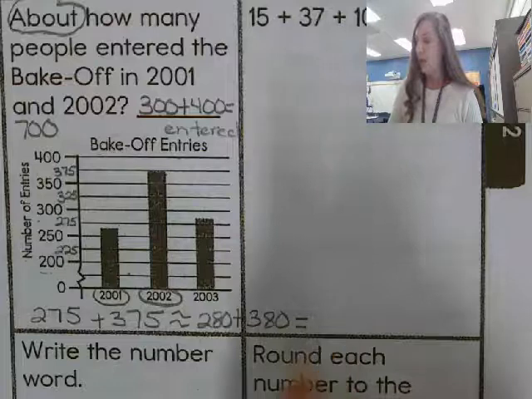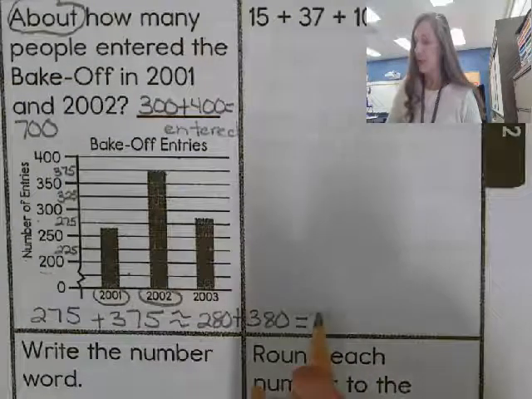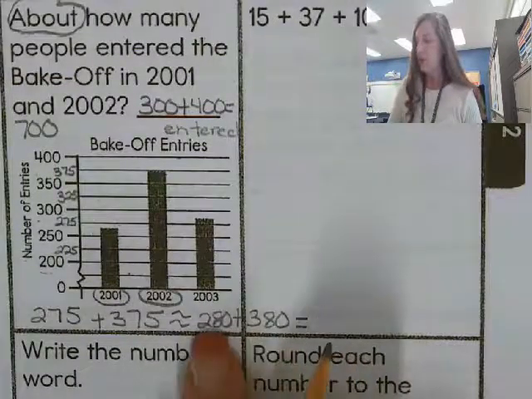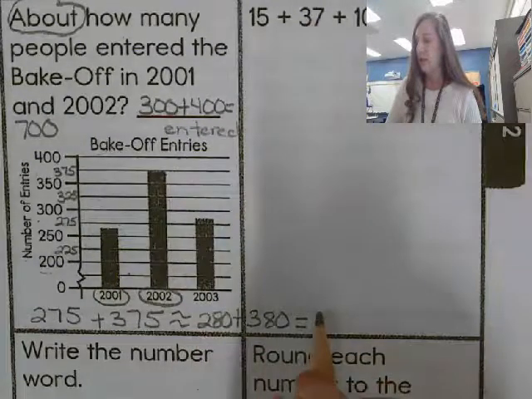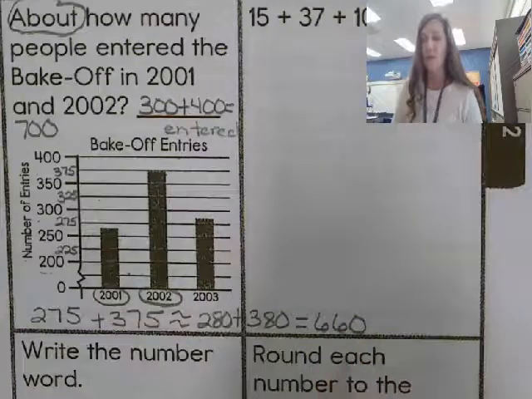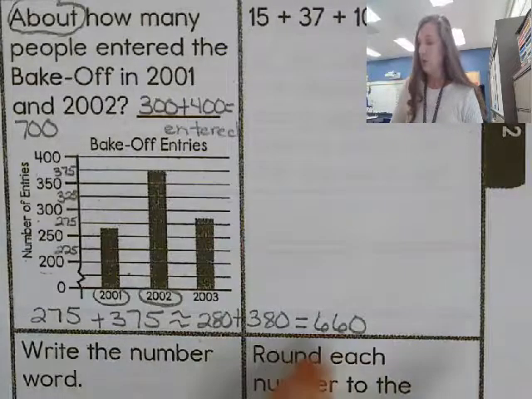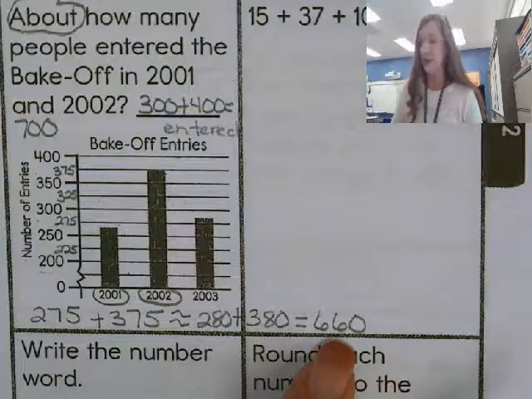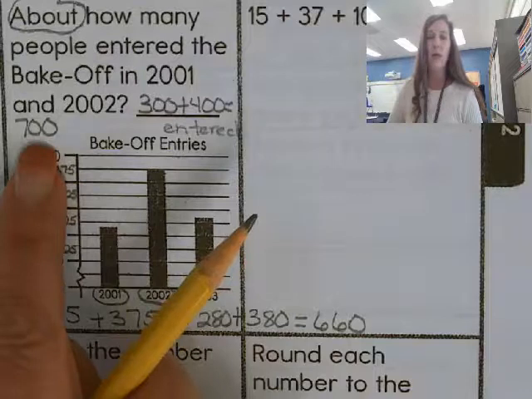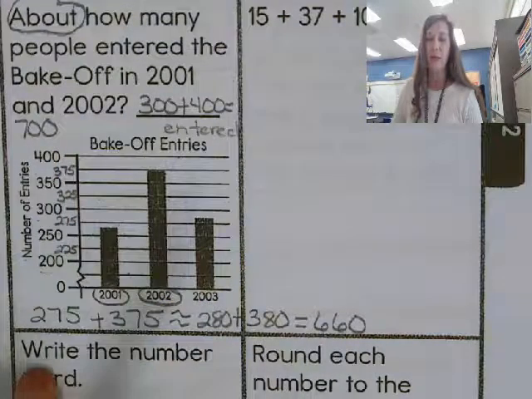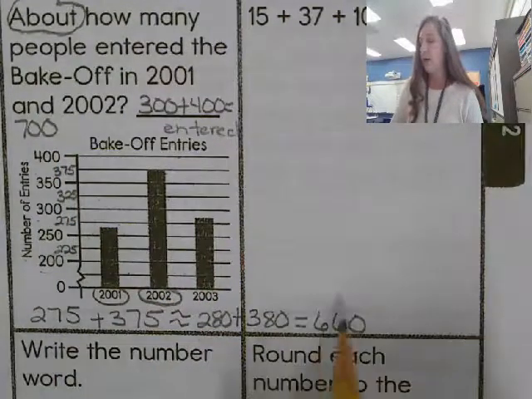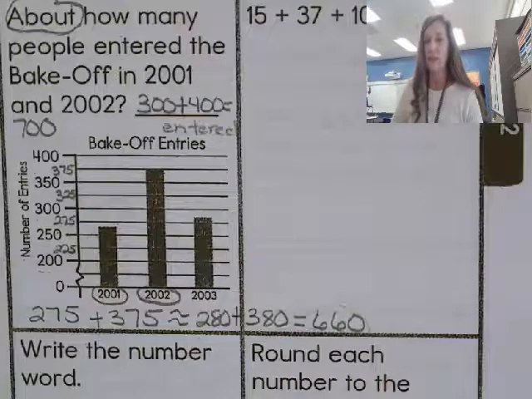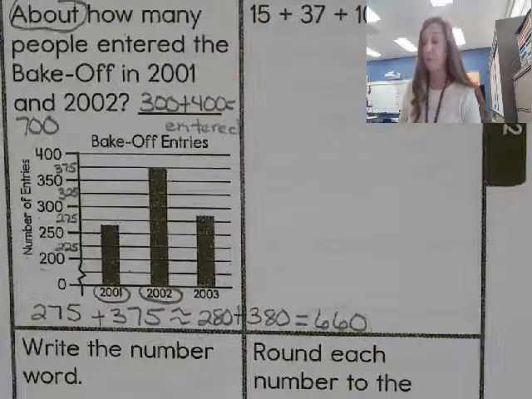And 80 plus 80 is 160, and 300 plus 200 is 500. So 500 plus 160 would give us 660, which is still close to 700 if we were going to round. However, we know that when we add the exact amounts, we're going to come up with something more along the lines of 660, since it's a more true, closer estimate.